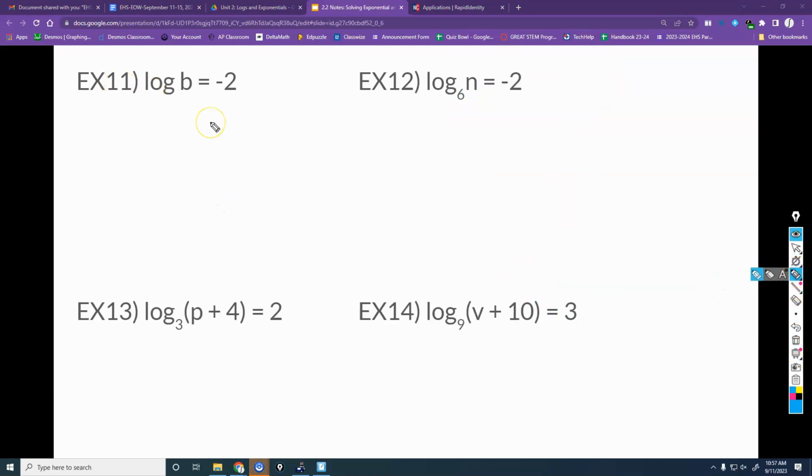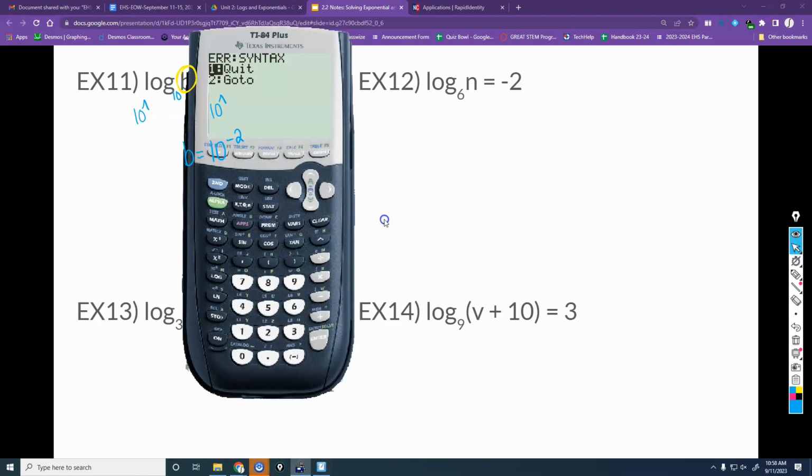For 11, I don't see a base. I'm trying to solve for this b right here, but I can't get to it because of the log. It has a base of 10. How do I get rid of that log? 10 to the power, b equals 10 to the negative 2. I don't know if you guys have done negative exponents.